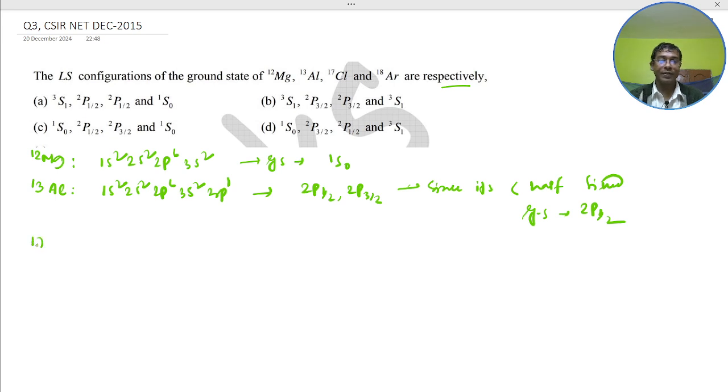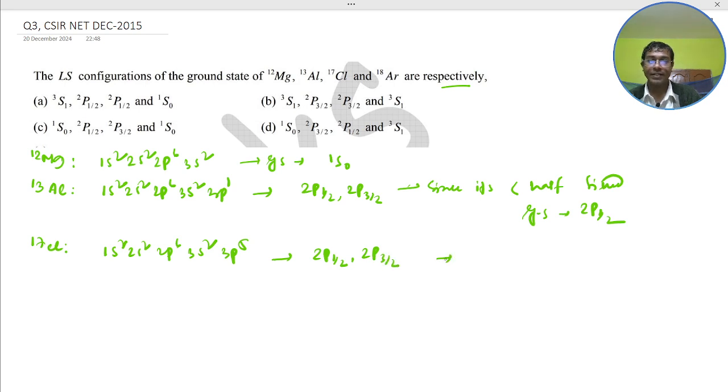And for chlorine, 17 chlorine, 1s2 2s2 2p6 3s2 3p5, so 2P half, 2P 3 by 2, and since it's more than half filled, the ground state would be 2P 3 by 2.